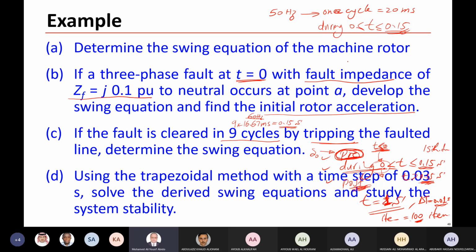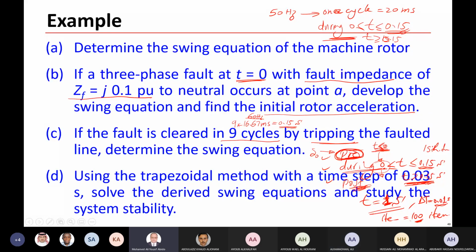This is the final time, and this is the step time. So if you divide this time by the step size, you will find 5 iterations. So you will carry out 5 iterations in the during-fault swing equation, and starting from iteration number 6, you are solving the post-fault swing equation. Is it clear? Yes, clear.